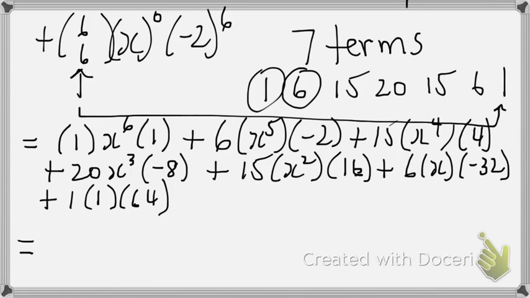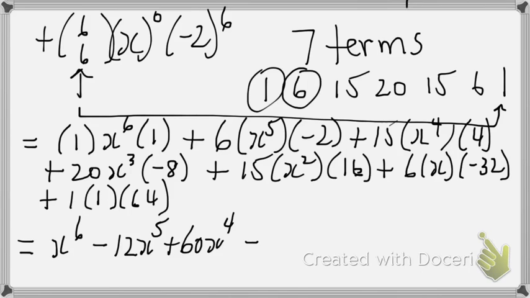So when I expand this out, I get x to the power of 6 minus 12 x to the power of 5, 15 times 4 is 60, plus 60 x to the power of 4, minus 160 x cubed, plus, oh, I don't know what 15 times 16 is.